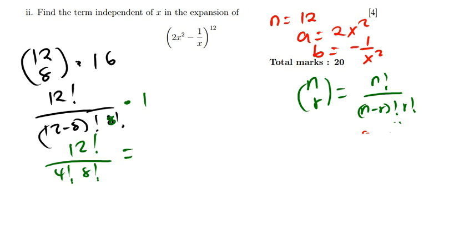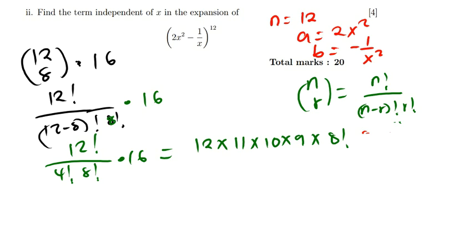But we should remember we need to do times 16. This will be equal to 12 times 11 times 10 times 9 times 8 factorial. I'm going to end on 8 factorial because down here I've got 8 factorial. But this 4 factorial, I'm going to say 4 times 3 times 2 times 1, then times 8 factorial.